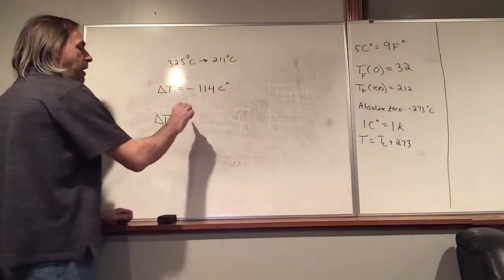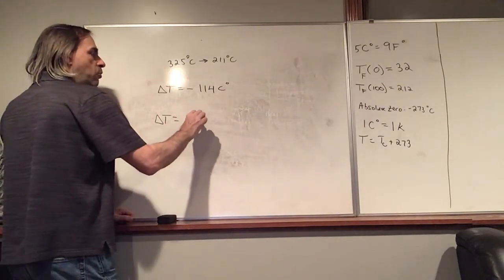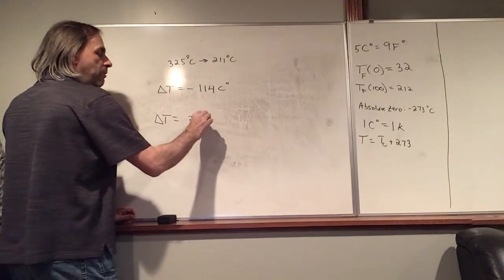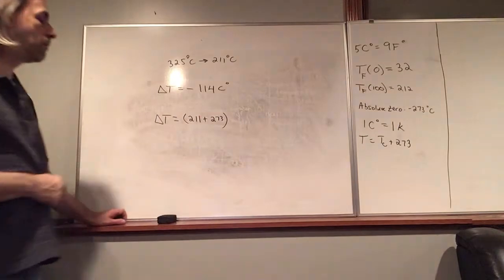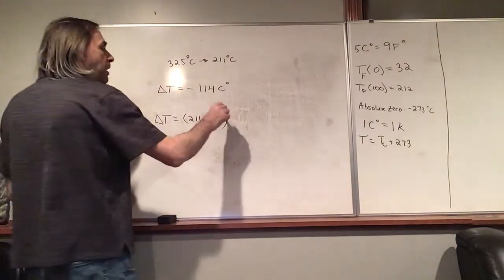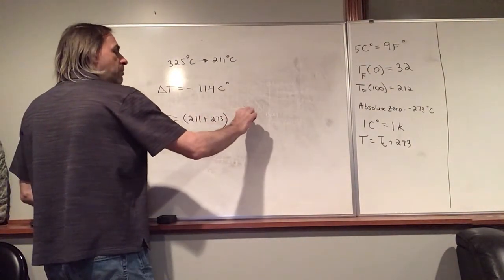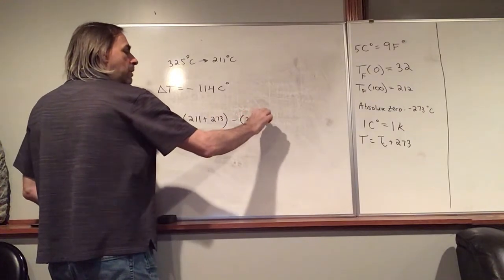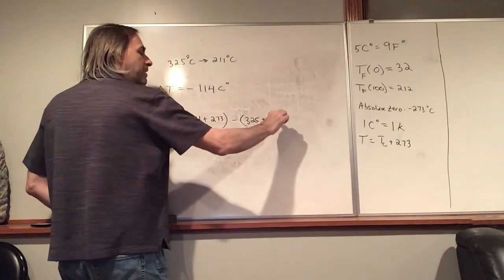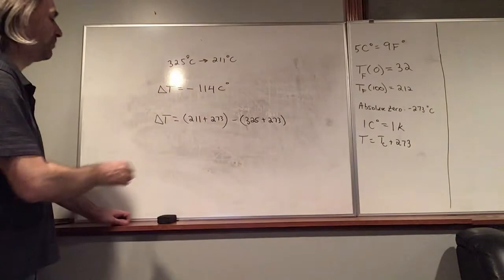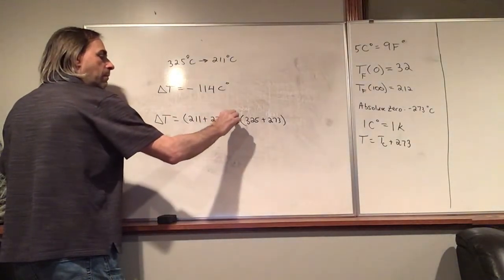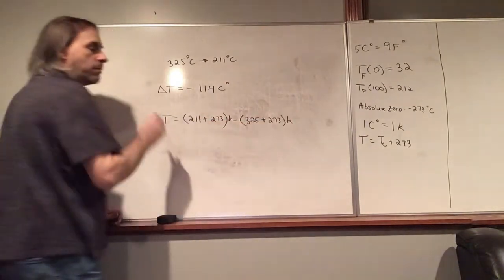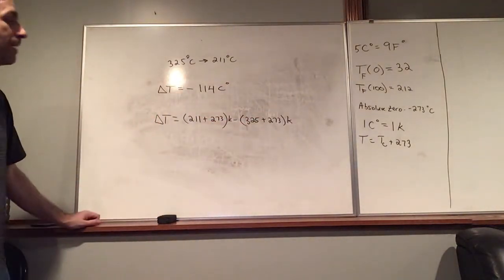We take our final value, that'd be 211 plus 273, to get it to a Kelvin scale. And then we subtract our initial temperature, which would be 325 plus 273. And again, these are both in Kelvin.